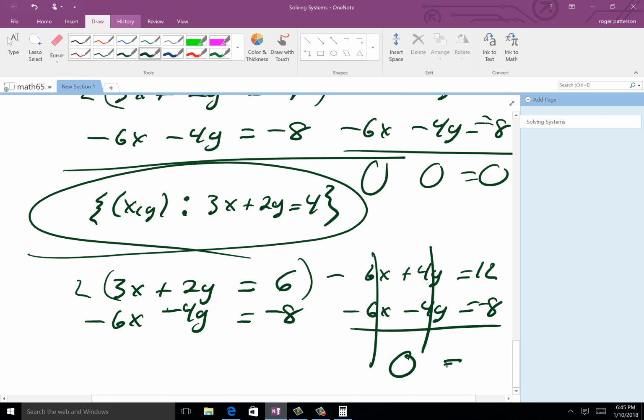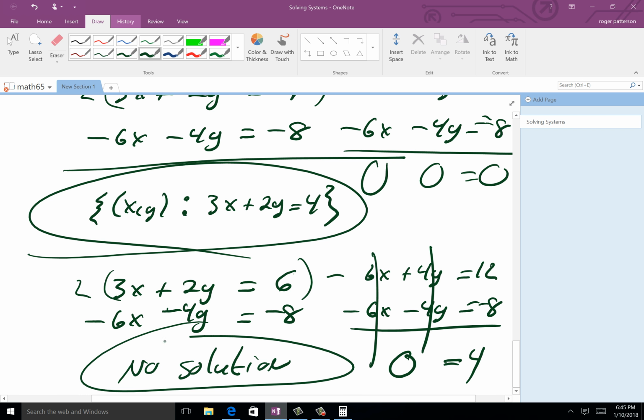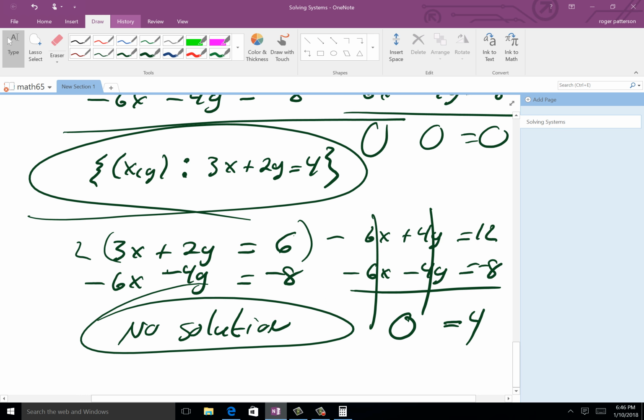So I have 0 equals 4, but does 0 equal 4? No, so that's no solution. So we can still get a line, and we can still get no solution, and we still get one solution. That's how elimination works with that. Anything else on elimination?